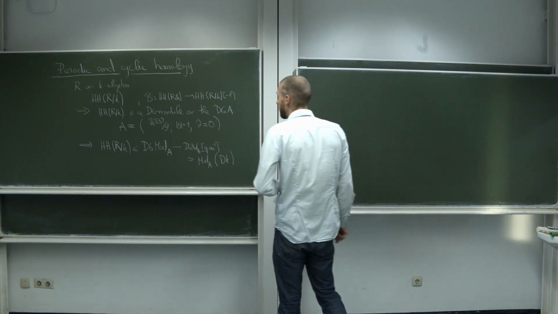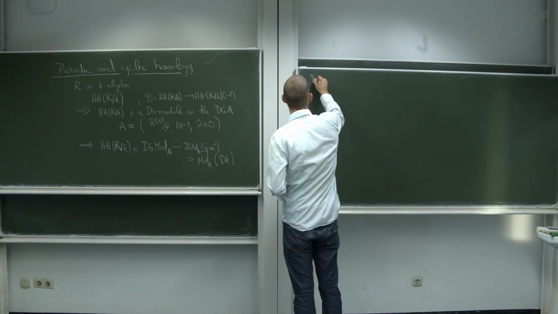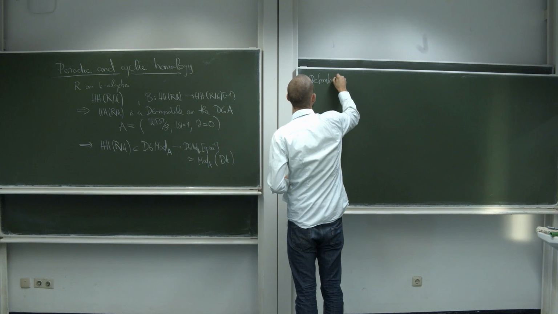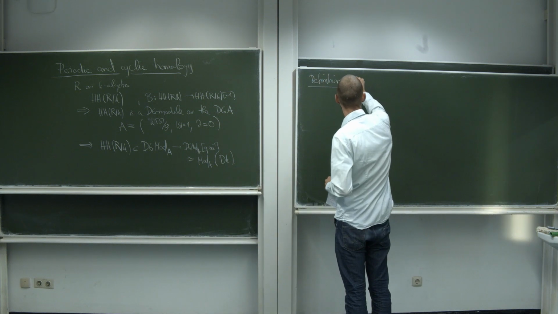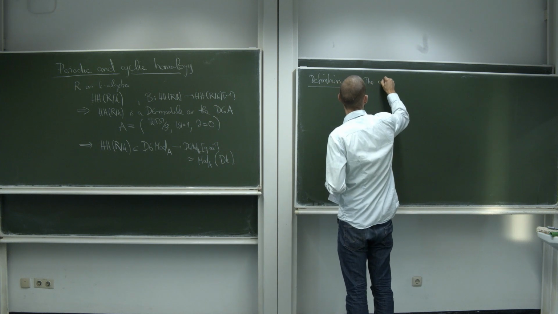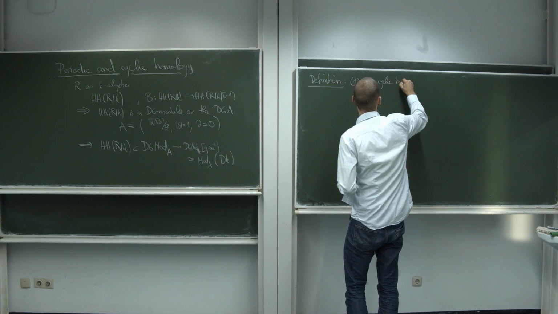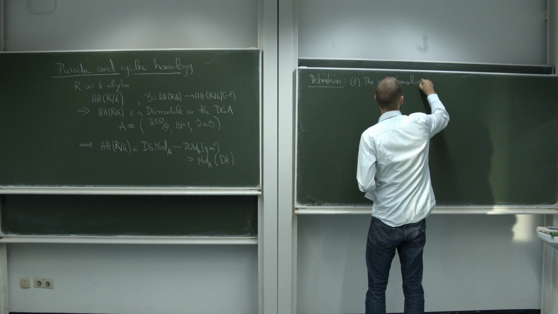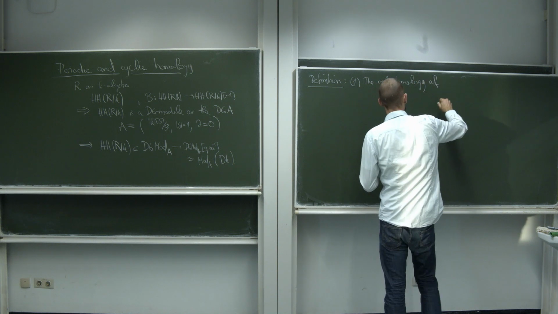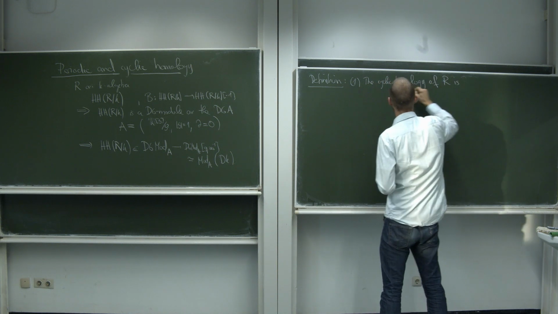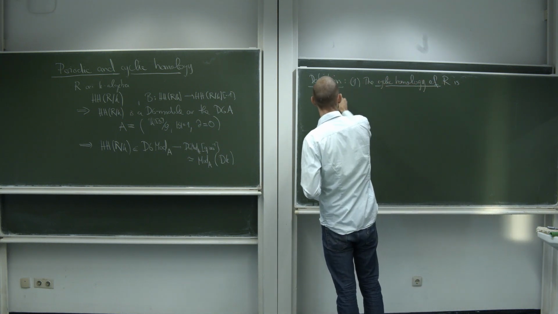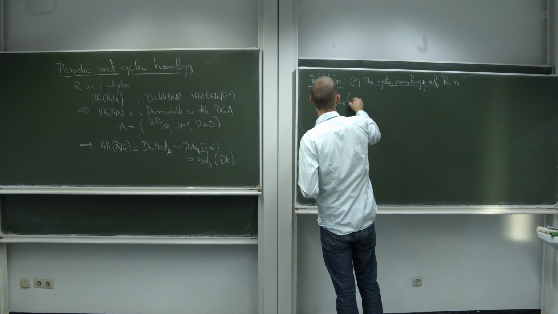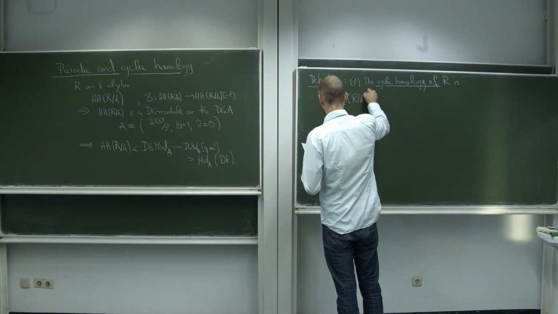Okay, good. And now with this notation and these conventions, we can define cyclic and periodic homology. So the cyclic homology of R is the following. It's denoted HC_*(R/K).